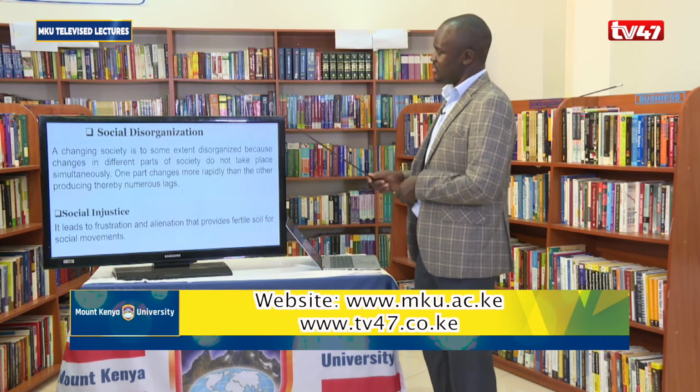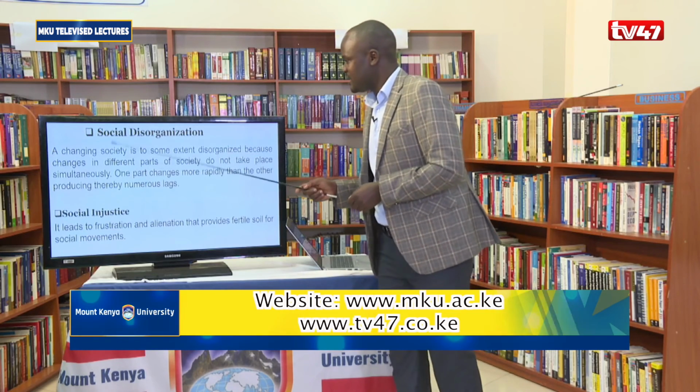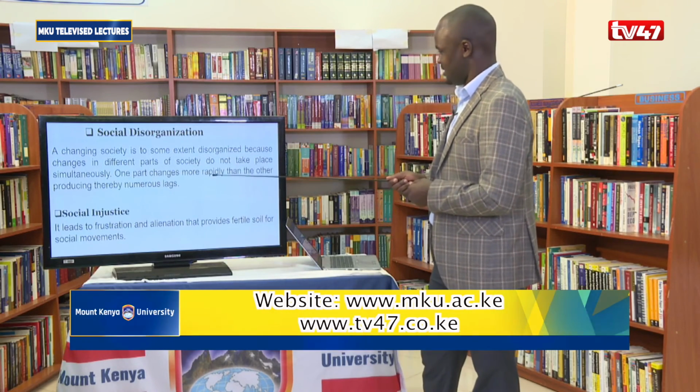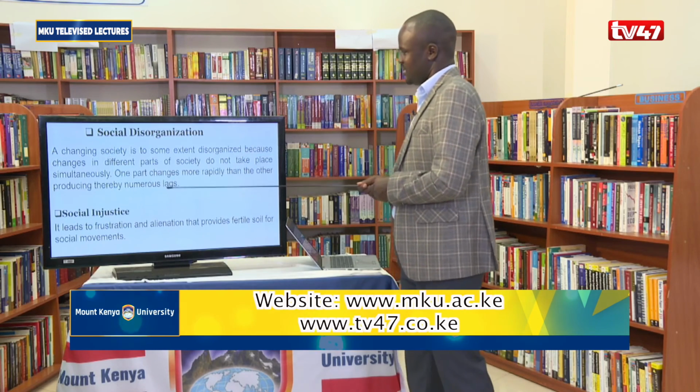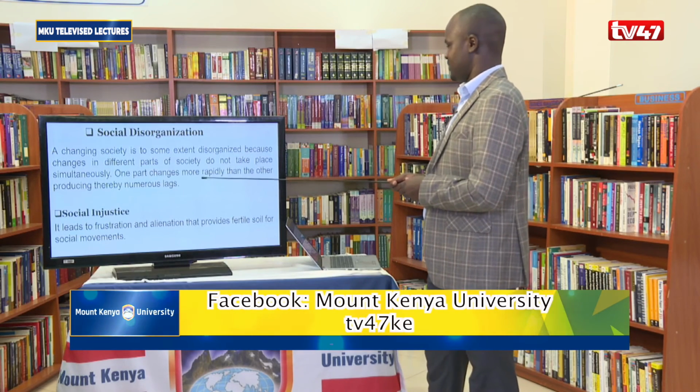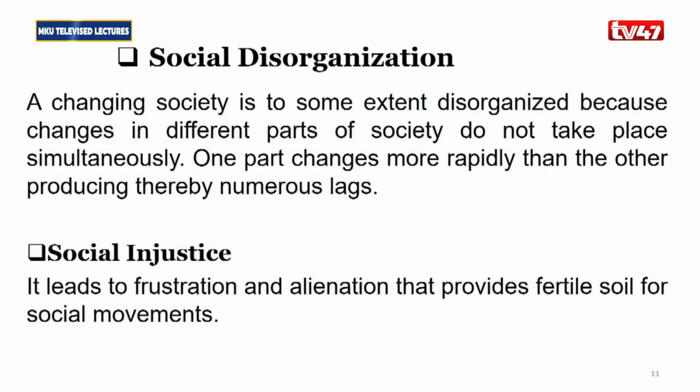Apart from that, we also have social disorganization. And a changing society is to some extent disorganized, because changes in different parts of the society do not take place simultaneously. One part changes more rapidly than the other. So as a society changes, it becomes disorganized. For example, a society can change in form of being urbanized.